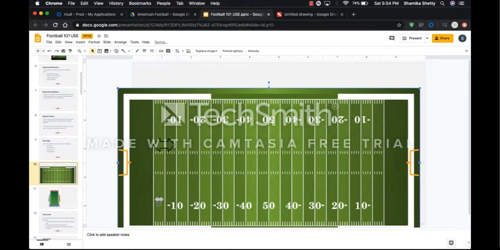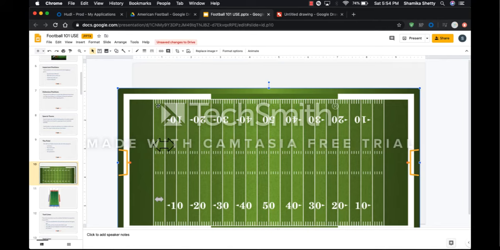Okay, and this distance is the 5 yards. So this is the goal line, this is the 5 yard line, this is the 10 yard line. So I think it is basically understood if this is 0, this is 10, this is 5.